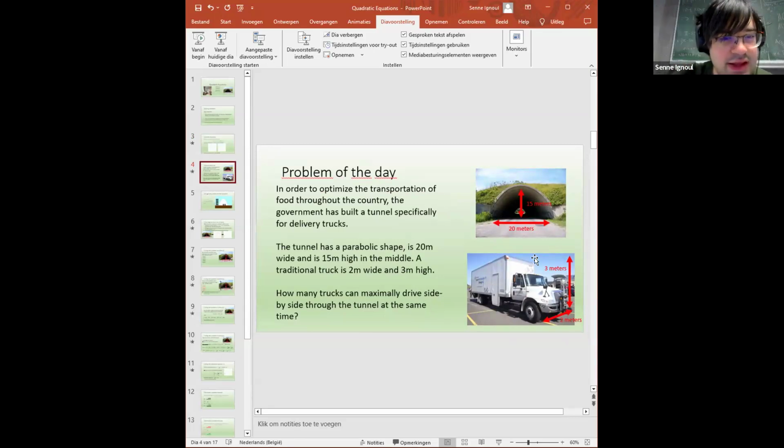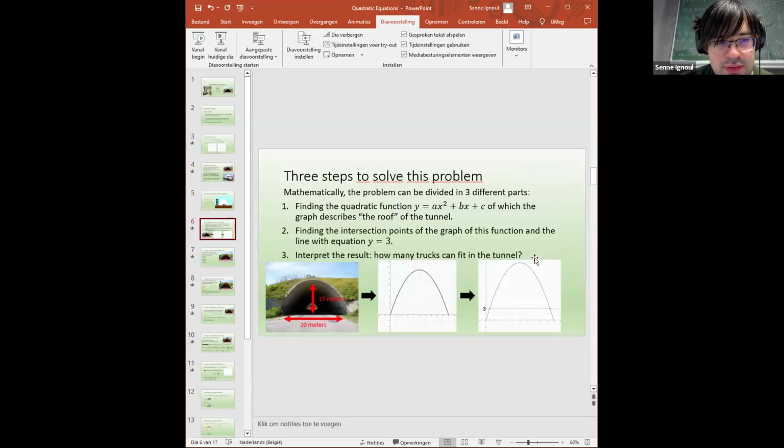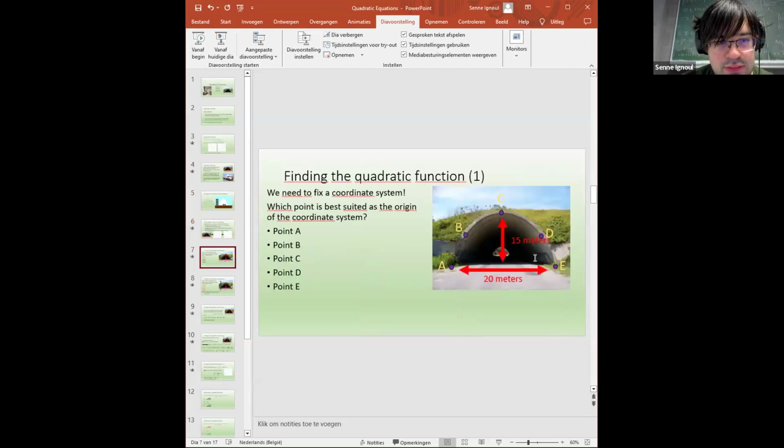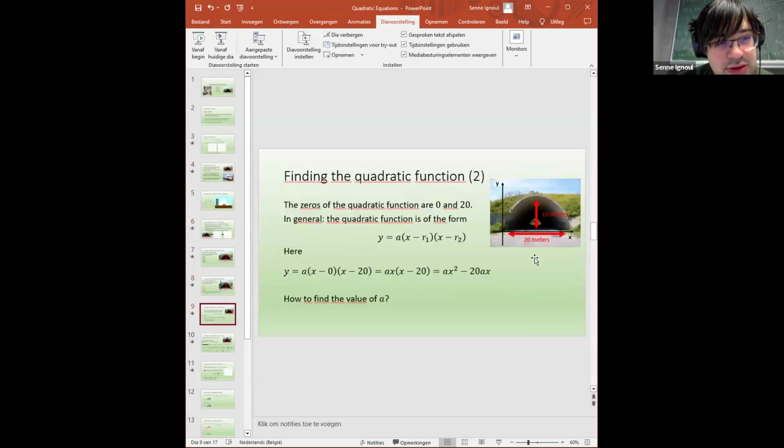Okay. Good. But the tunnel is okay. Then this one, that is very fine. Very okay. It's the same, but with explanation.